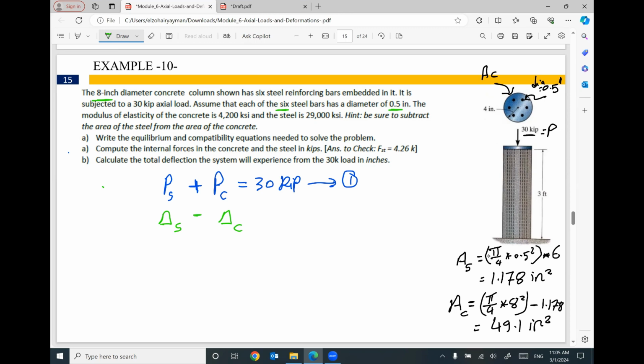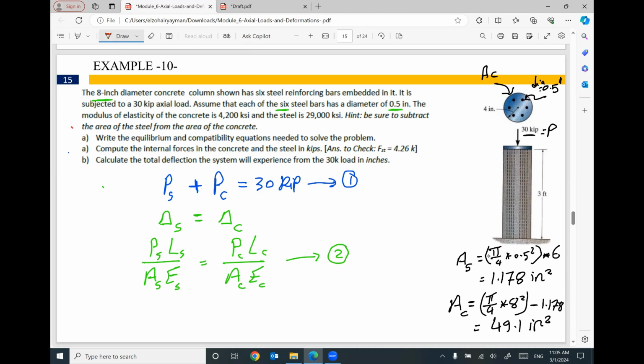So the delta in steel must equal the delta in concrete. So the PL over AE of steel will equal the PL over AE of concrete. And this is equation number 2.